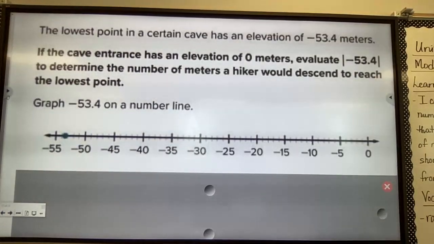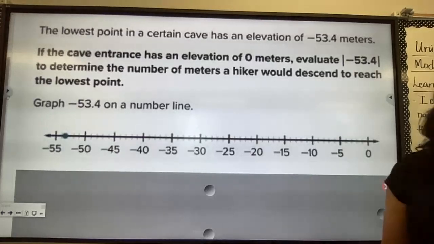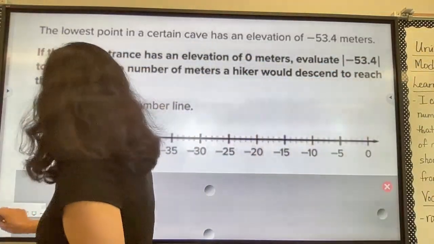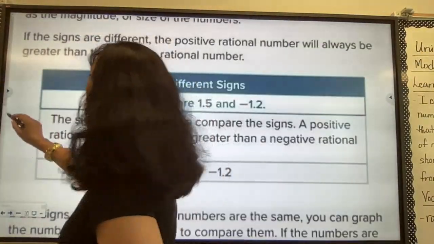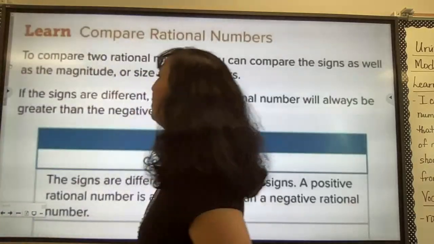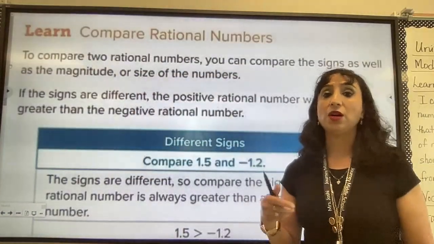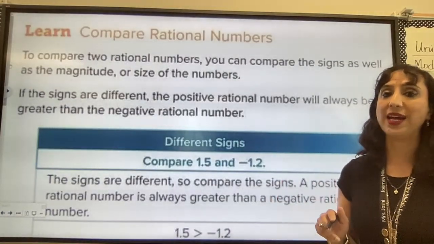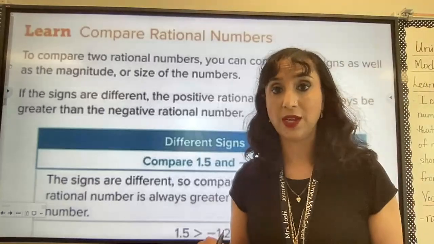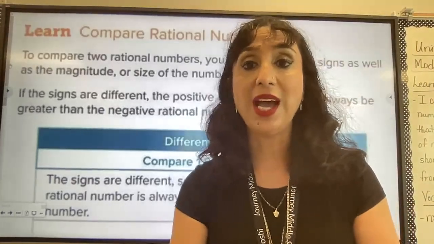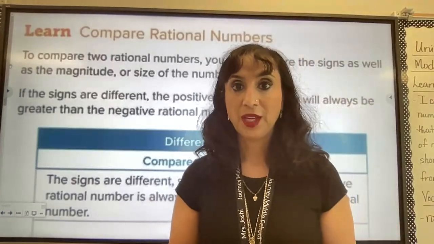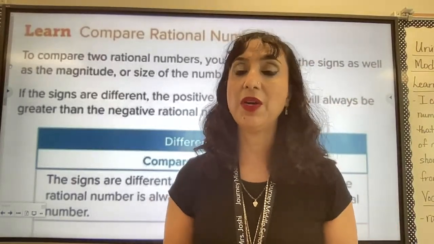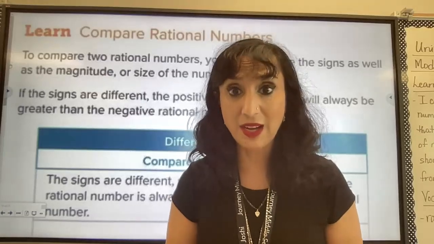Now the next thing I want to quickly talk to you about is comparing rational numbers. To compare two rational numbers, you can compare the signs as well as the magnitude or size of the numbers. Now if the signs are different, we know that the positive number will always be greater than the negative number.